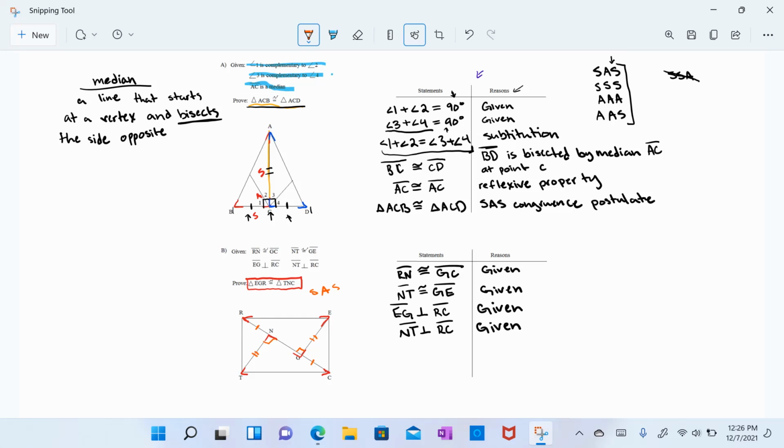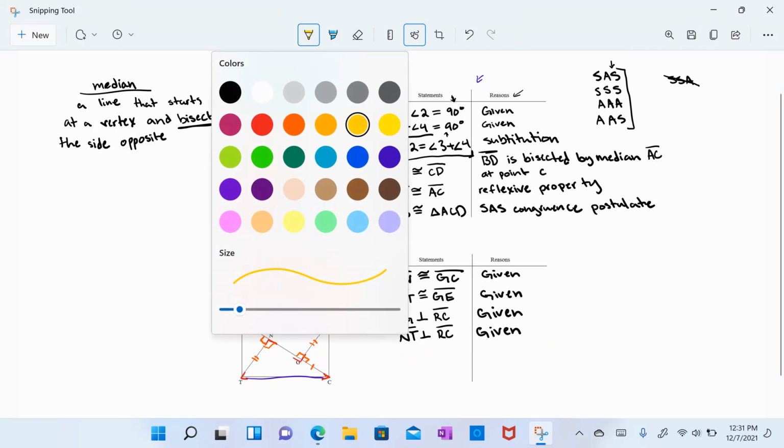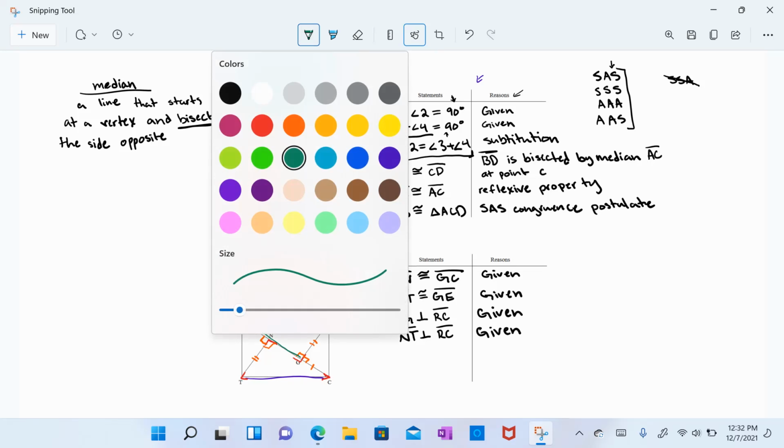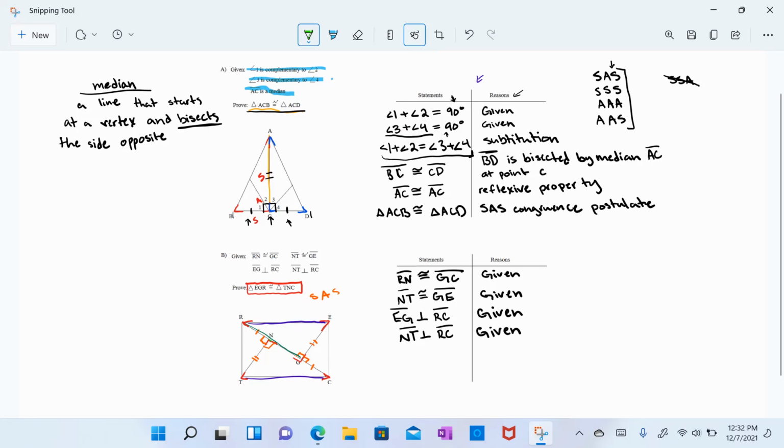So for this line, it's congruent to this line. And so I think I see a way how we can prove this one. So we're going to try to prove that one.